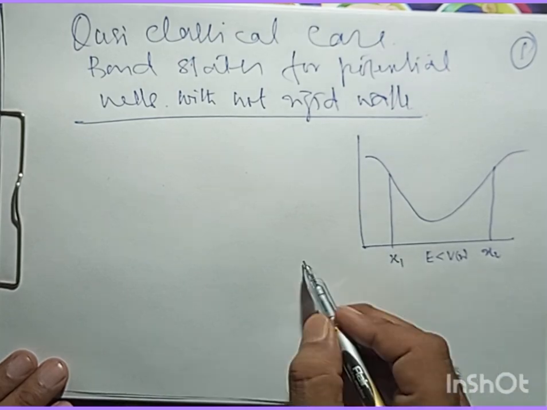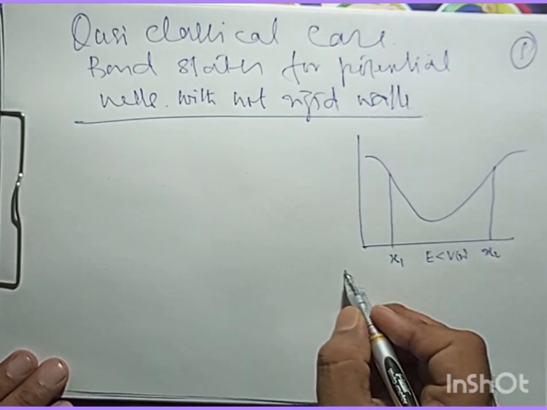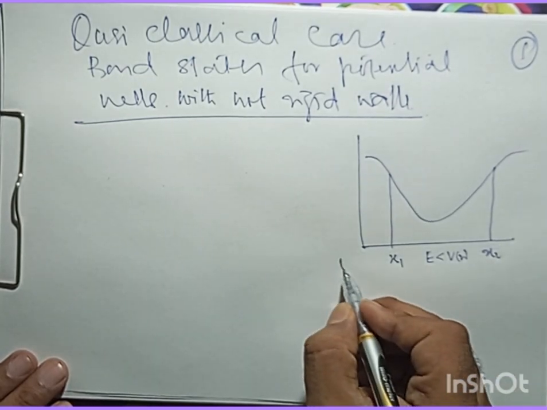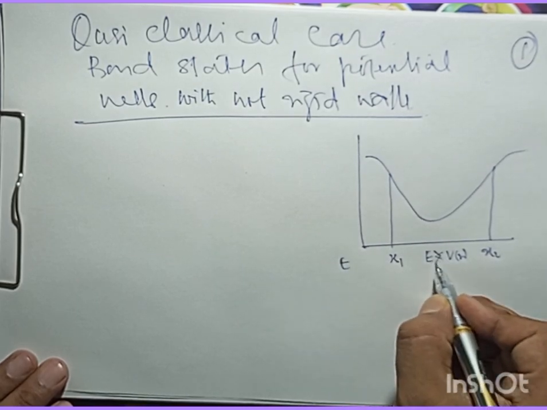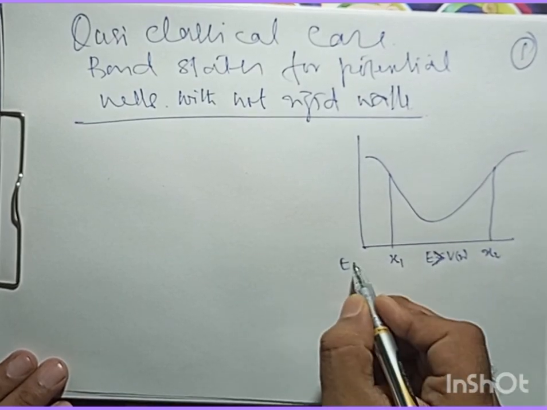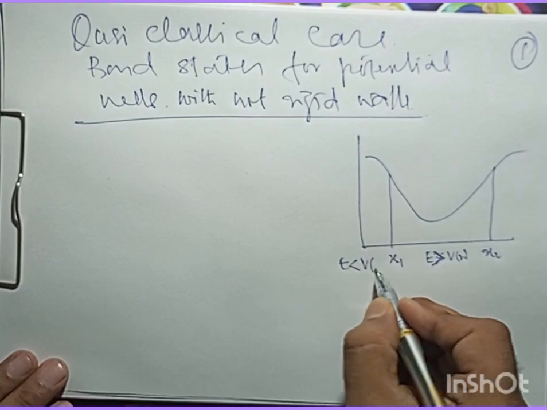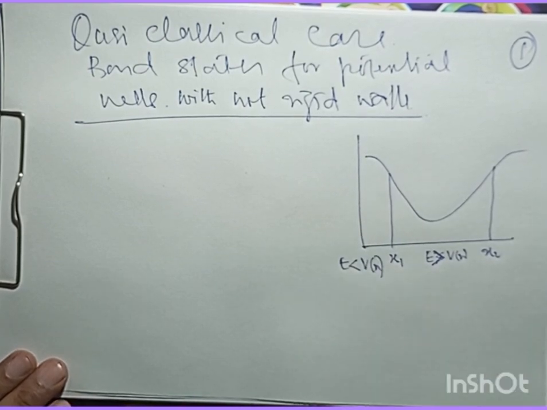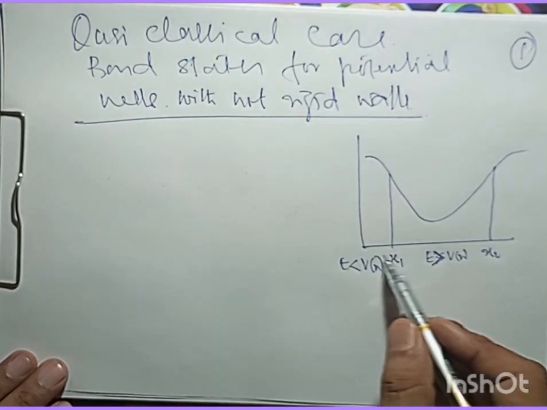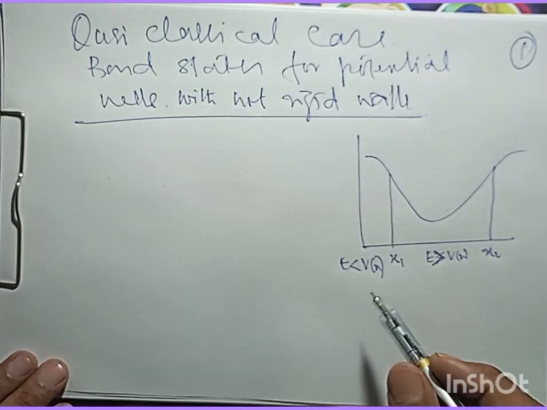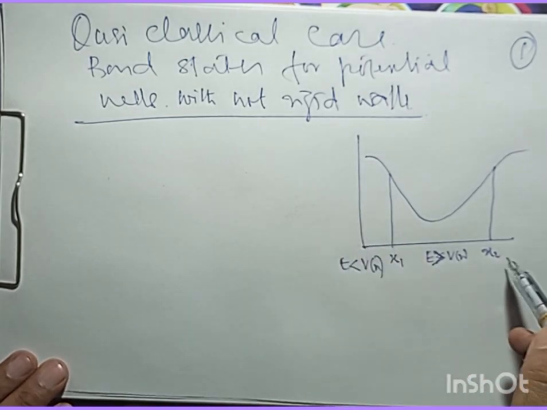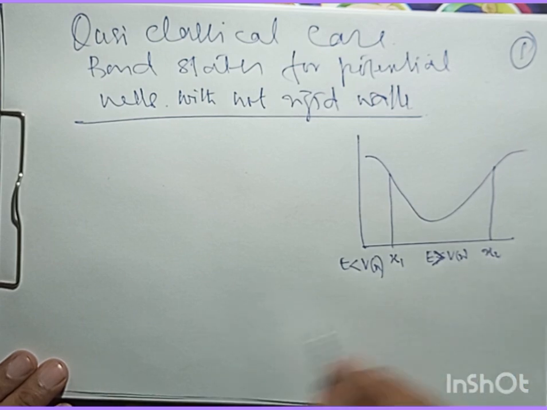So between x1 and x2 we have the allowed region, and beyond x1 and x2 we have the forbidden region.